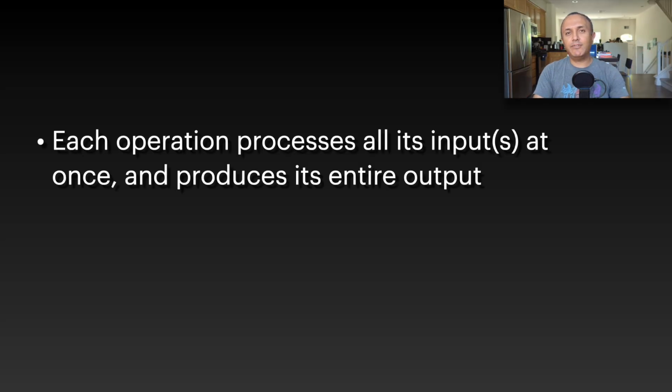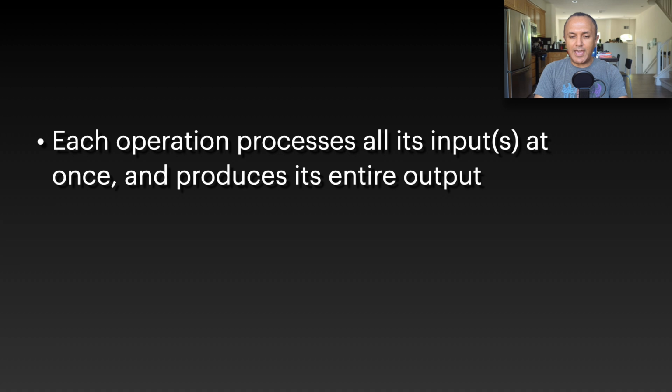Each operation processes all of its inputs and produces its entire output, all at once. So the scan operation just produces all the rows from a table. Once it does that, you never need to think about the scan again. Hash join takes its left side, all of it, builds the hash table, takes its right side, looks them up in the hash table, produces all the output, and then it's done.